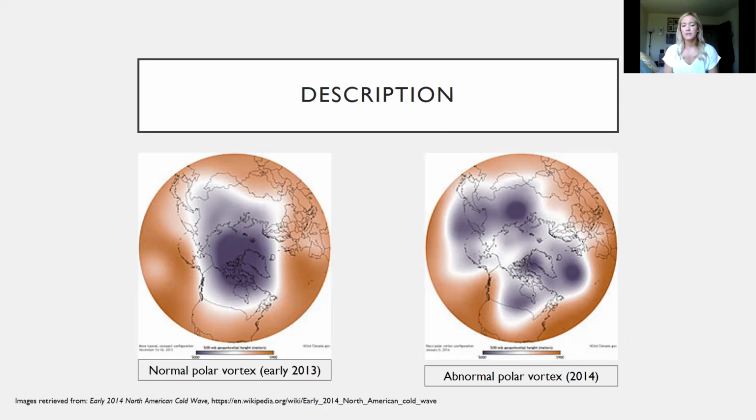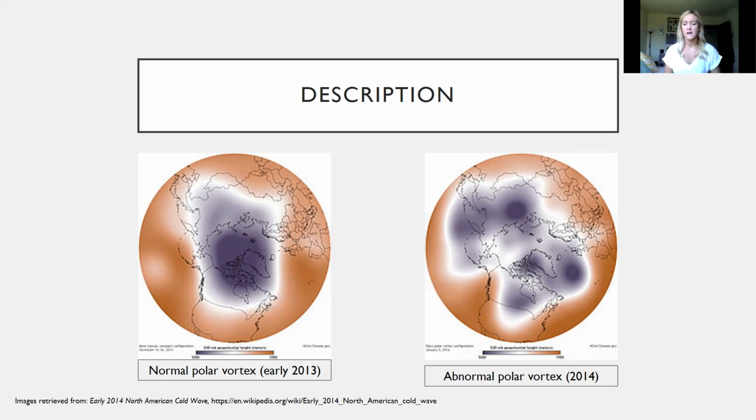So these next two images are basically describing the technical side of the event. The one on your left was the normal polar vortex in early 2013. The purple and white regions you're seeing are the mixture of snow and rainfall that normally occurs around this time of year.